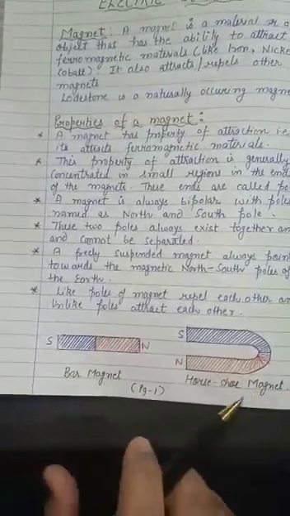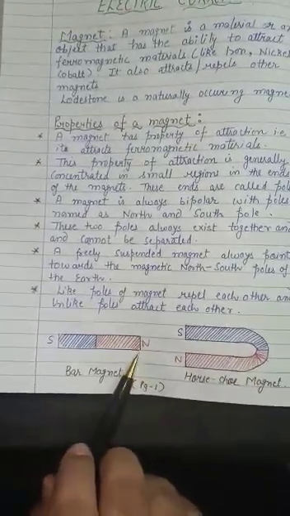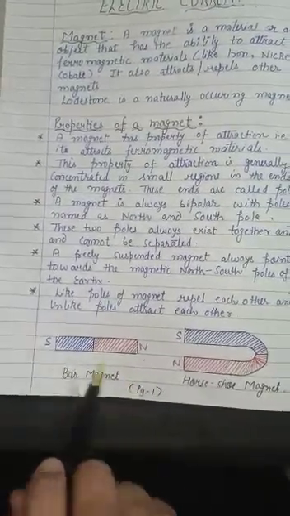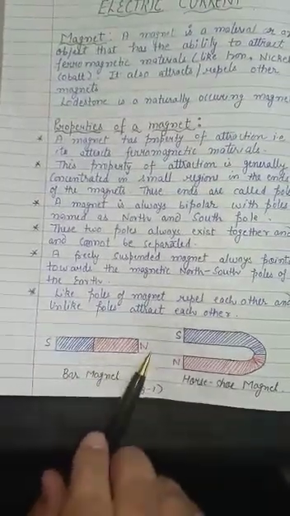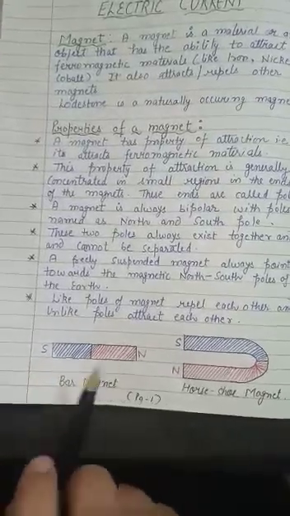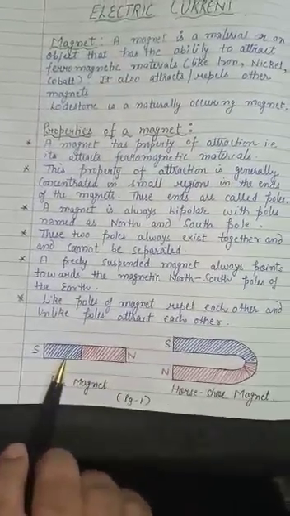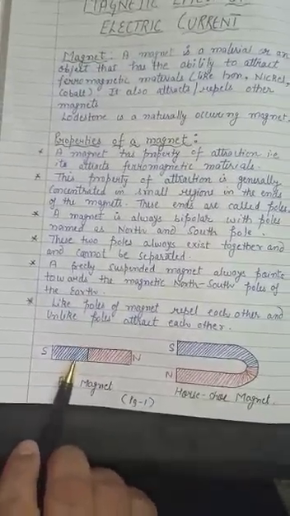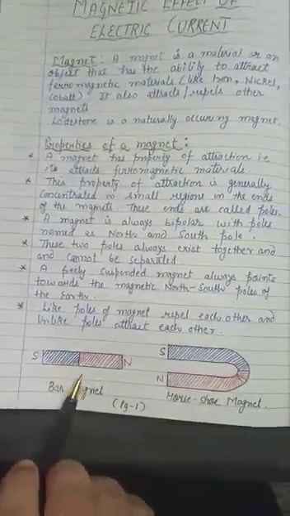Students, the most important thing we should all remember is that a magnet is always bipolar. Bipolar means it always has two poles. You cannot separate the poles of these magnets. That means there cannot be a magnet with only a north pole or only a south pole. It has to have both the poles.